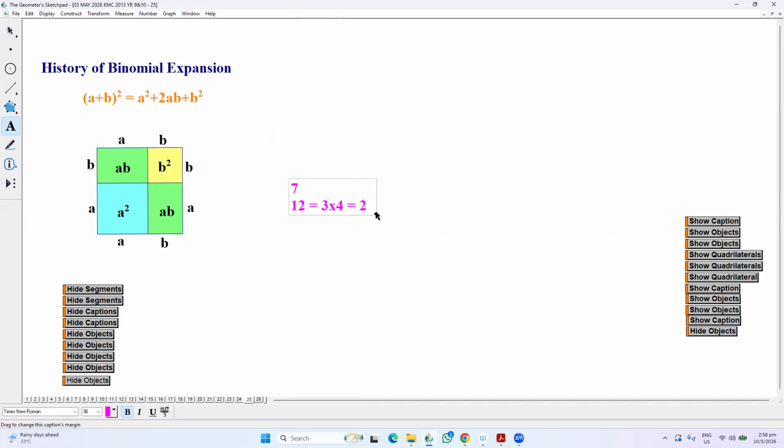So it can be divided into 6 groups of 2 or 2 groups of 6 or 3 groups of 4 or 4 groups of 3. Where is 7? Only one way. 7 times 1. So it's called a prime number.